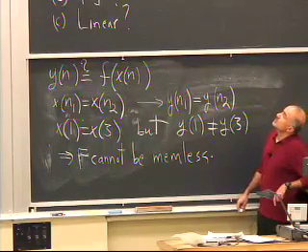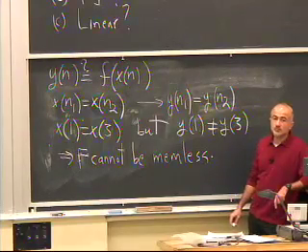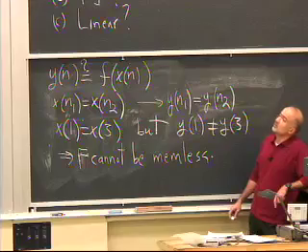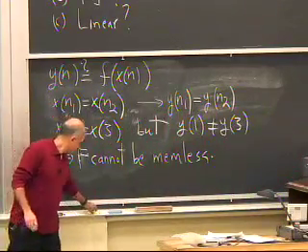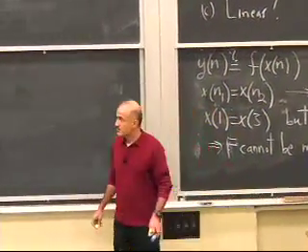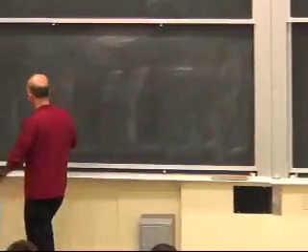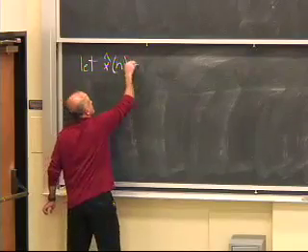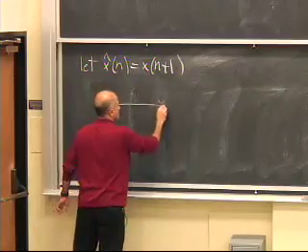The system is not time invariant. Why? By 1. Okay, so let's go to this board. Which way do you want to shift it? Shift it to the left by 1. So let x hat be x of n plus 1, so we're shifting it to the left by 1.